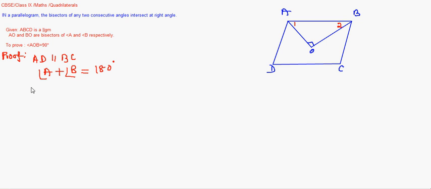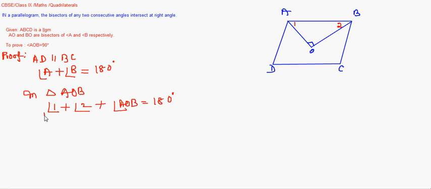So now in triangle AOB, angle 1 plus angle 2 plus angle AOB is 180 degrees. That's the angle sum property of a triangle.